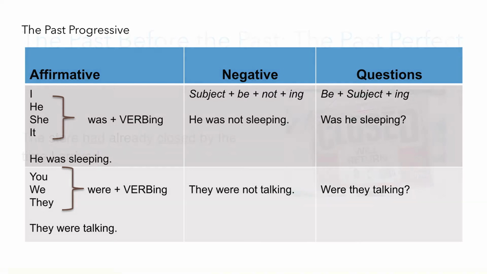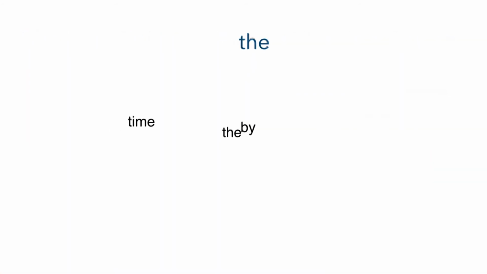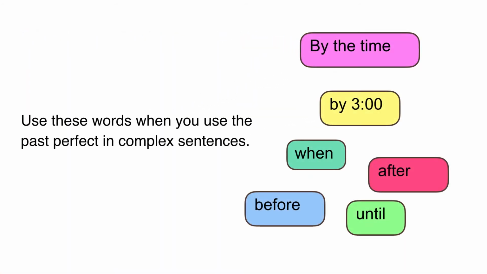Another way we can talk about the past is with the past perfect. I like to talk about using the past perfect as a way of talking about the past before the past. For example, the store had already closed by the time I arrived. First it closed, then I arrived. Use these words when you use the past perfect in complex sentences.